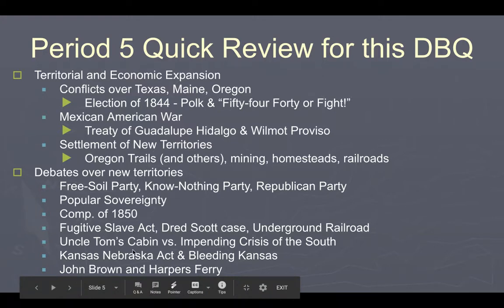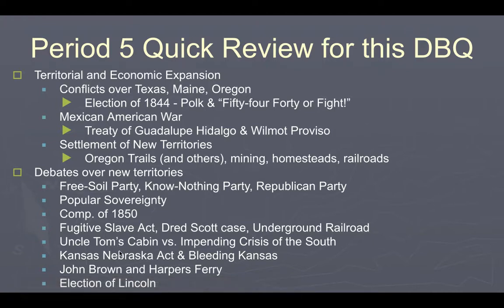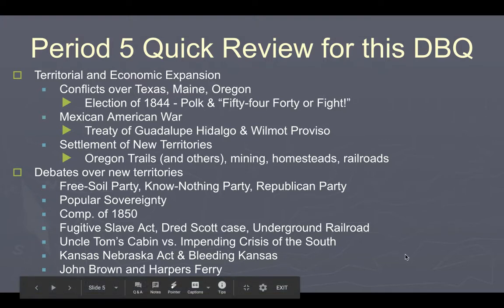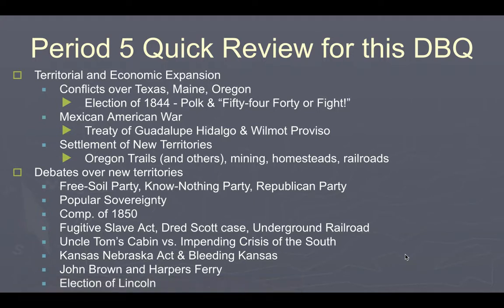We also see a time when literature is really taking off, playing a role in the debate over slavery. So everything from Uncle Tom's Cabin, from the perspective of the North, to The Impending Crisis of the South, from the perspective of the South. That issue of popular sovereignty is obviously going to be even more widespread with the Kansas-Nebraska Act and its resulting rebellions in Kansas, known as Bleeding Kansas.